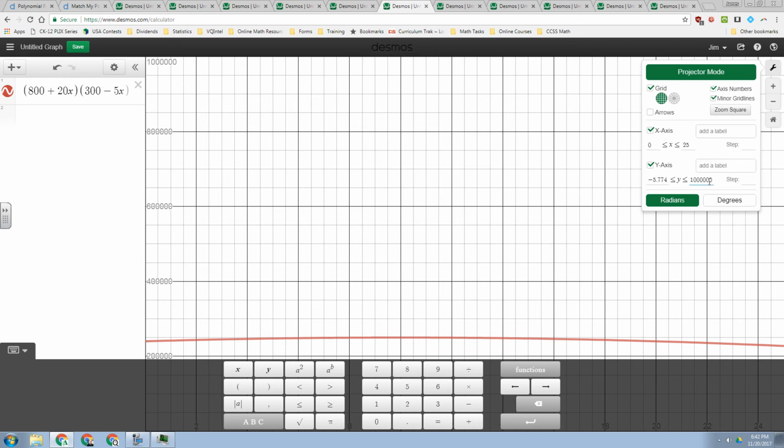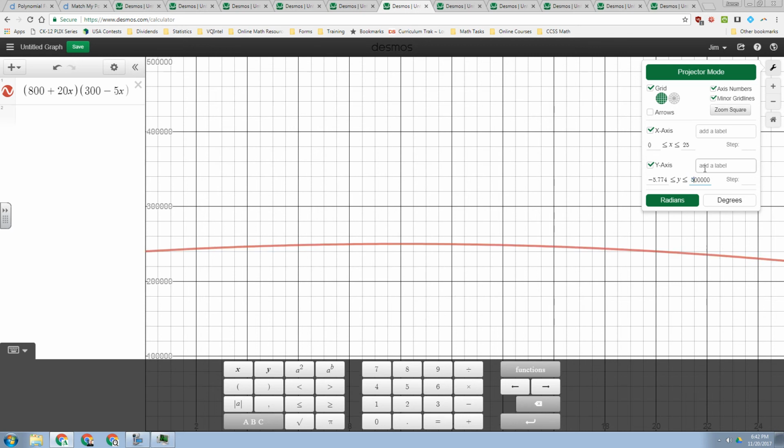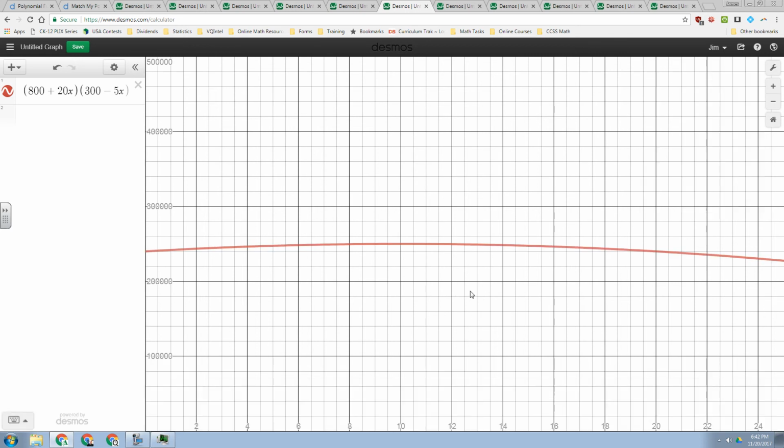Oh, there we go. Let's take off that 0 and make this about 5. There we go. So what's our highest value here? There it is, $250,000.